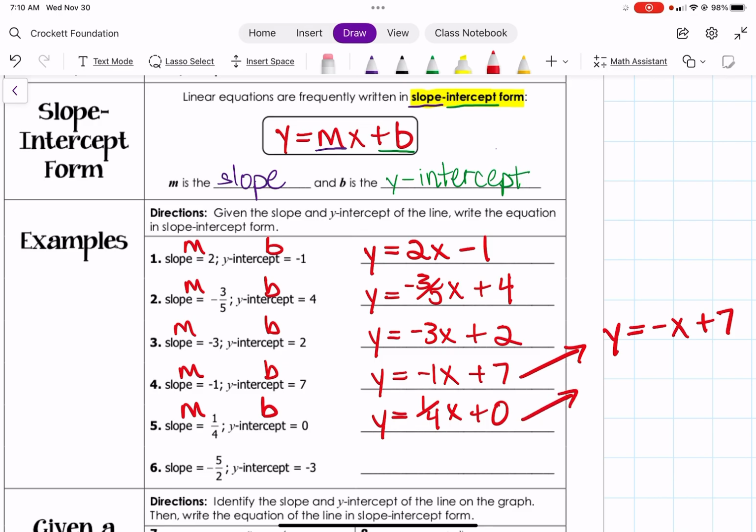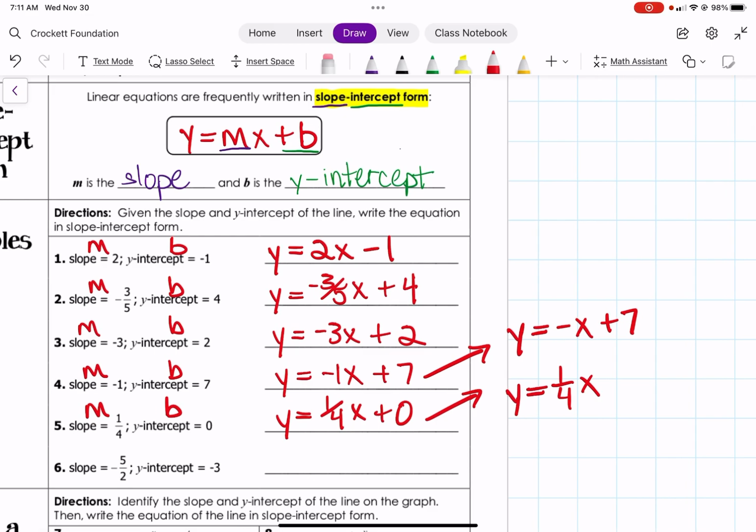But if you write it like that, that's perfectly fine. Your teacher should give you full credit for it. But if it's on a test as an answer choice, it's going to be written as y equals 1/4 x. That's it. Or they may write it as y equals x over 4.